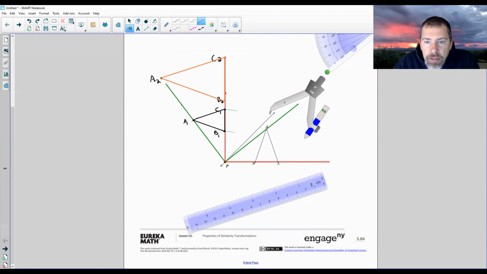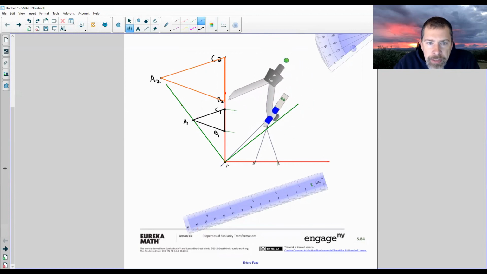And here's what I mean. I need to take the furthest one, which is A. And just what I thought. I cannot extend my compass far enough to make an arc with two intersections from A sub 2. And if I bring this over to C sub 2, I have just enough. So I'm going to show you the process on C and B, but I won't be able to do A.